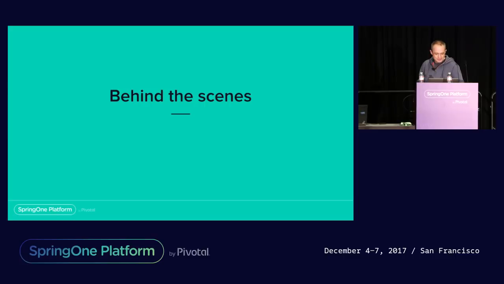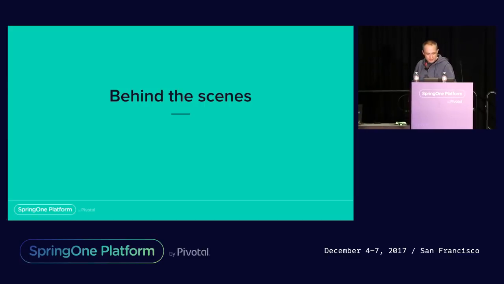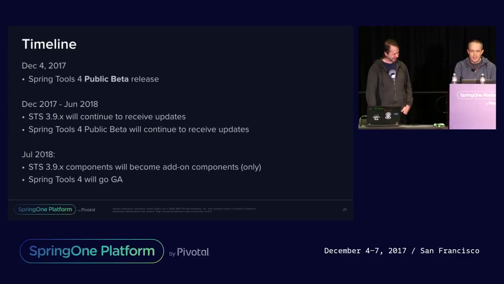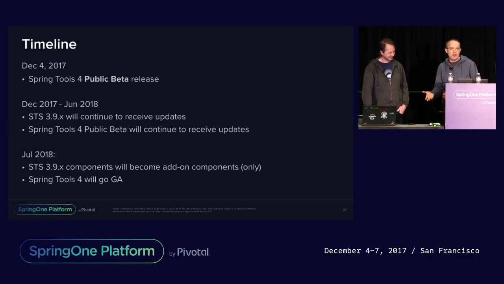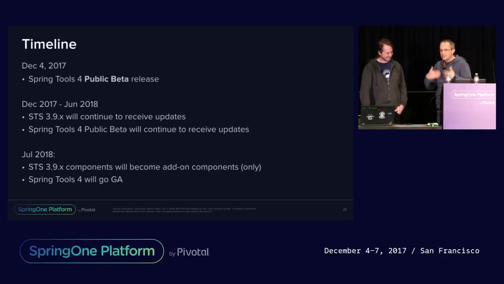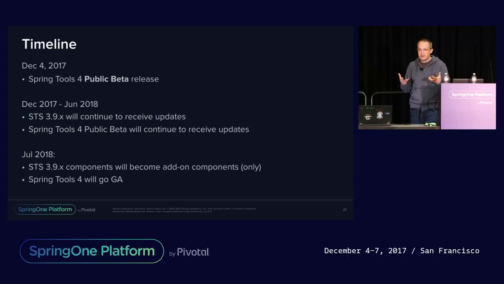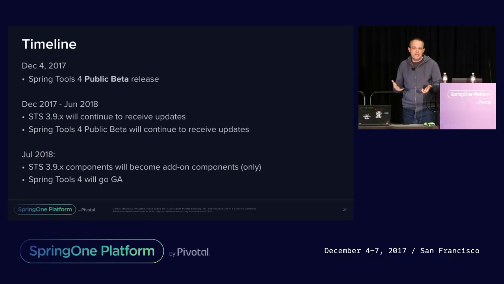Okay. So we already talked about the behind-the-scenes thing, so we'll jump over to the outlook. And the outlook is, what's the timeline, basically, right? Yesterday, we announced the Spring Tools 4 public beta, so that's available now on the new website. And there is still the existing Spring Tool Suite 3.9.1 release out there.